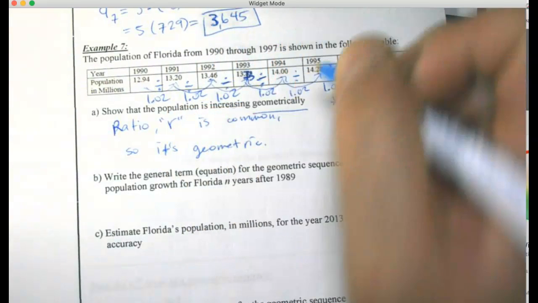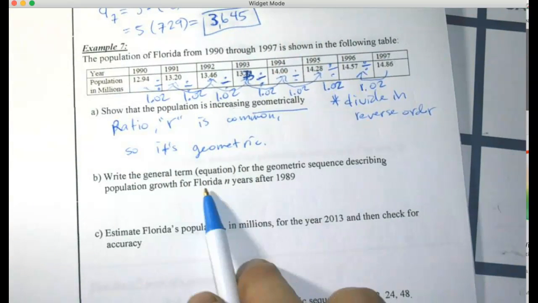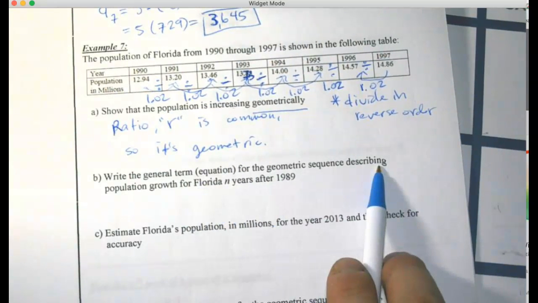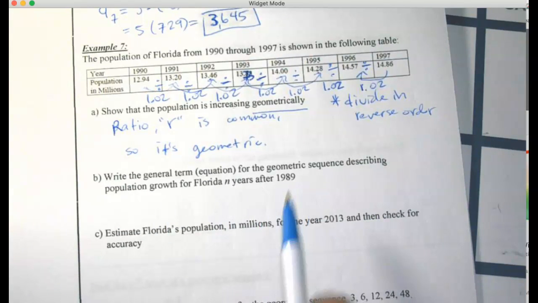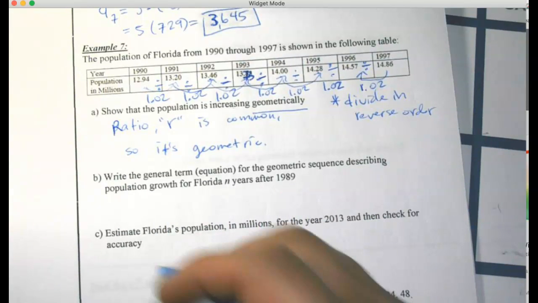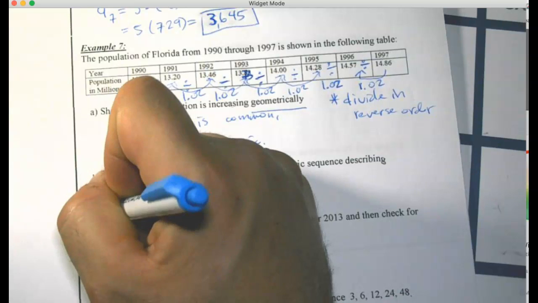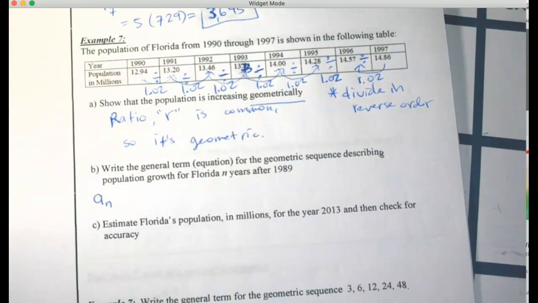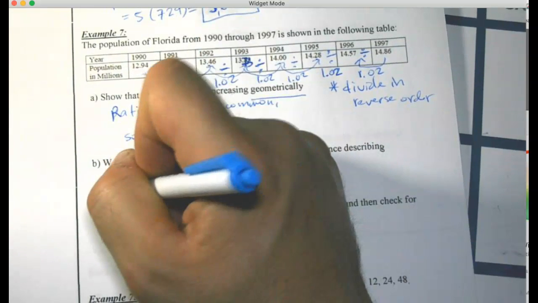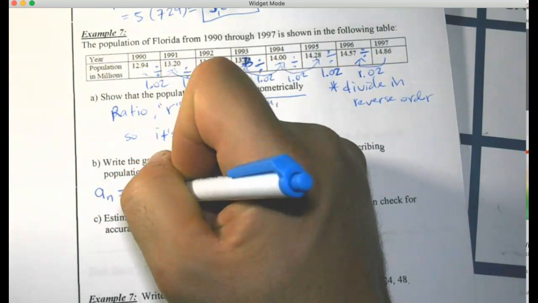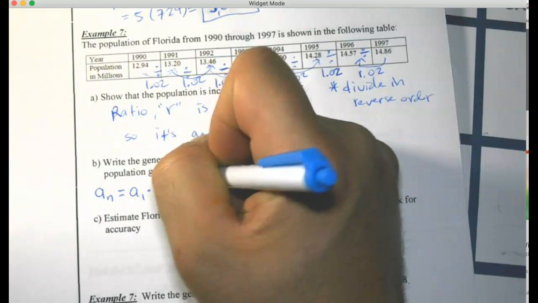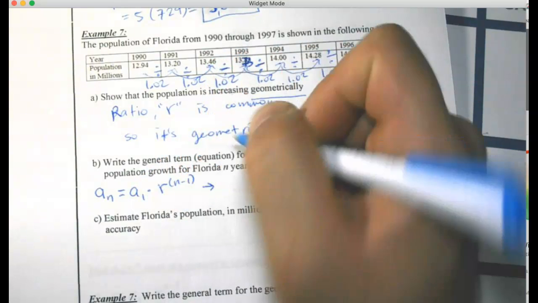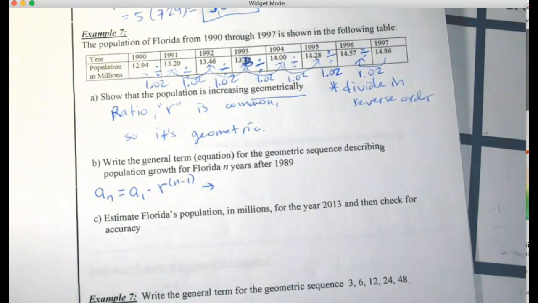They want me to write an equation for the geometric sequence describing population growth for Florida n years after 1989. Remember, your formula is a sub n equals a sub 1 times r to the n minus 1 power. I'm using that formula to write a rule here.